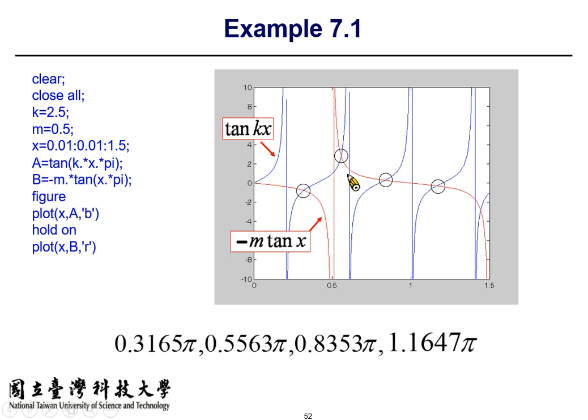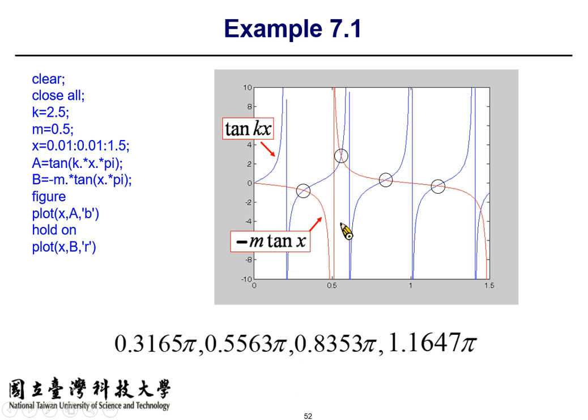So what is the lowest frequency solution? Well, that would be this one. You may ask, why not this one? What is the problem with this intersection? Well, this intersection appears at the position where infinity goes to minus infinity.